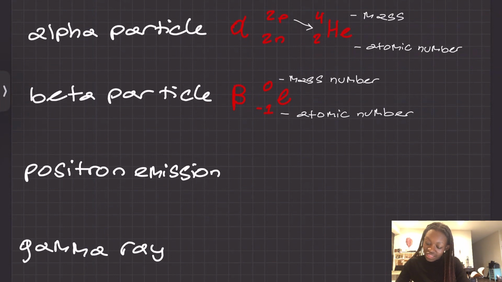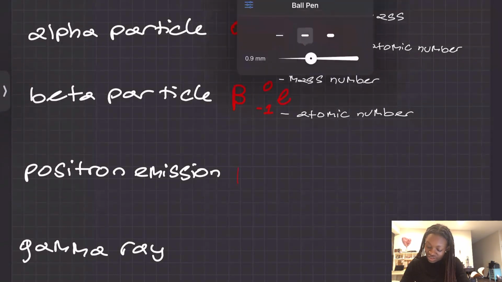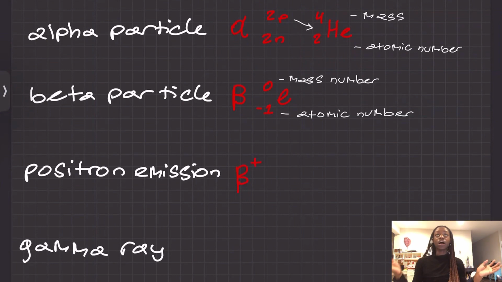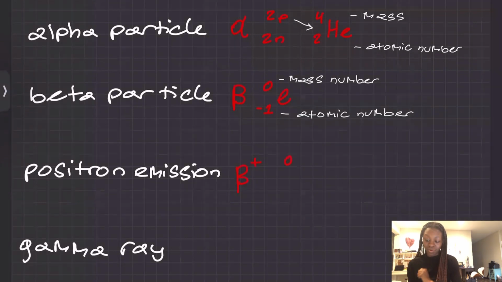Perfect. Then after that, we have the positron emission, which can be represented as a beta plus. It's basically the opposite of a beta particle, like the antiparticle to the beta particle. It can be represented as beta plus or as an e as well, just like the beta particle.